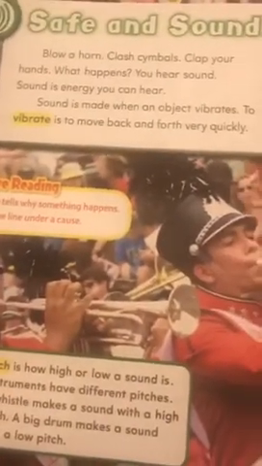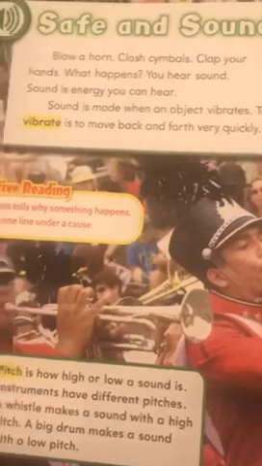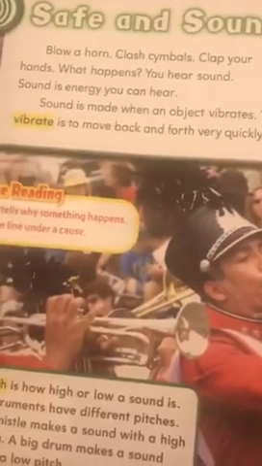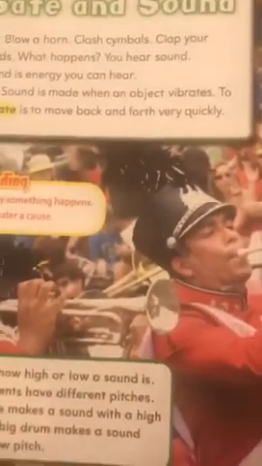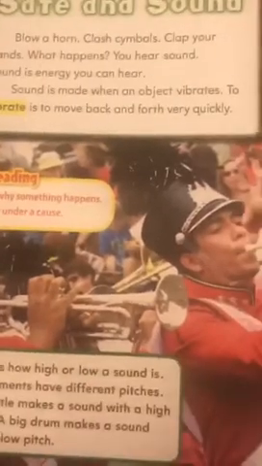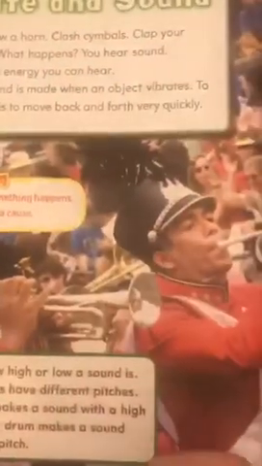Basically, here we have a new word that we know from grade 1, but let's revise it. Vibrate. So what is vibrate? Sound is made when an object vibrates. To vibrate is to move quickly back and forth, and we said this when we talked about instruments. They have low pitch or high pitch.